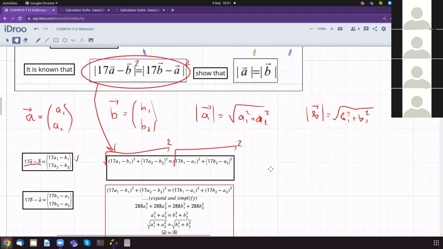Components of the vectors. Well, yeah, these are the components. I'm not sure I understand the question. A1 and A2 are the components of vector A, and B1, B2 are the components of vector B. And the modulus of a vector is the square root of A1 squared plus A2 squared.